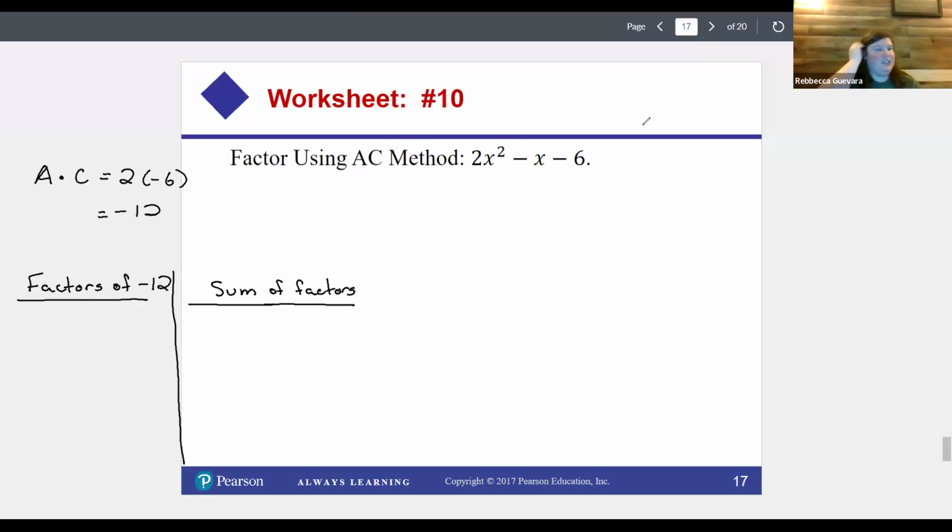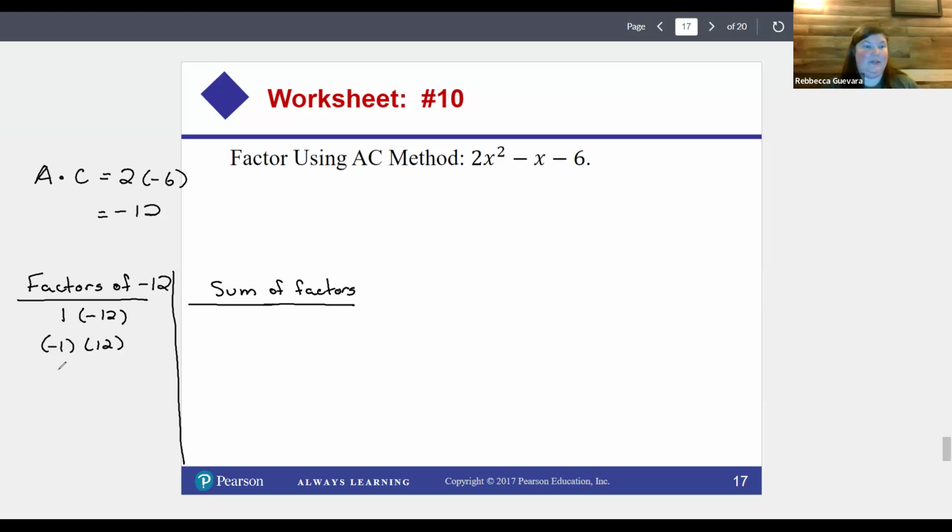All right, so hope you had a chance to work on these and it went well. So we got 2x squared minus x minus 6. So the A is the 2, the C is the negative 6. We multiply those together, we get negative 12. So we're going to have negative factors to consider here. So factors of 12 would be 1 and negative 12, negative 1 and 12.